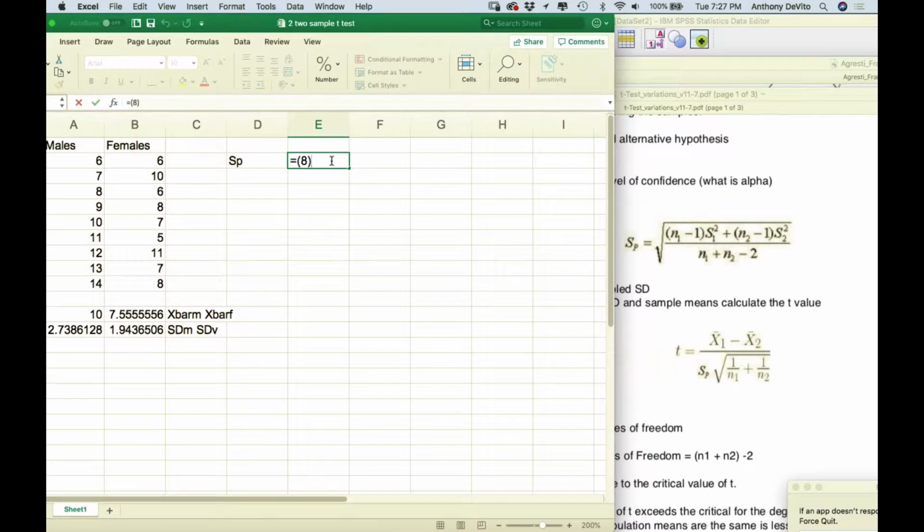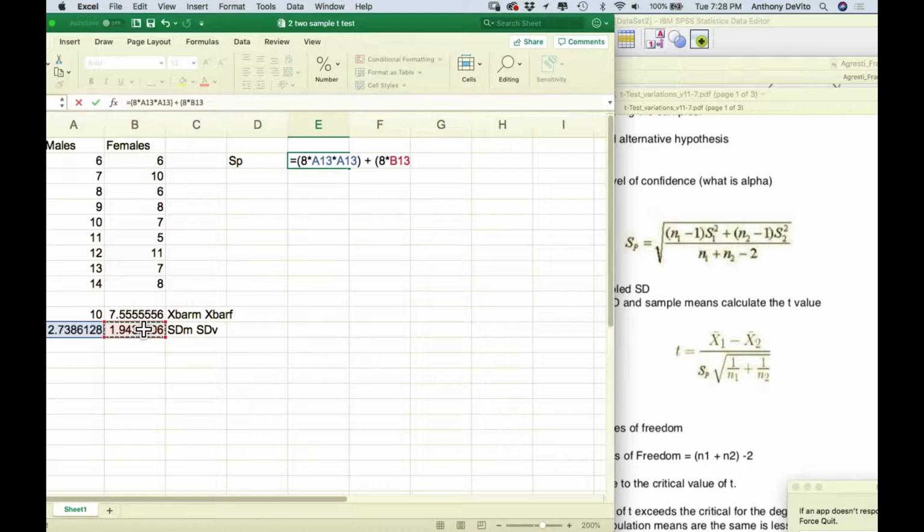Pooled standard deviation is equal to 8 times the standard deviation squared. I'm just going to do it simply. I'm just going to multiply it by itself twice. Okay, plus I'm going to add to that the same thing for the second group. The sample size is 9, minus 1 is 8, times the standard deviation for that group squared.